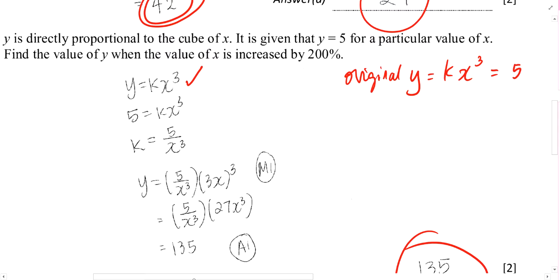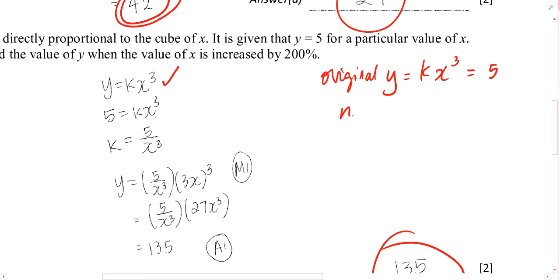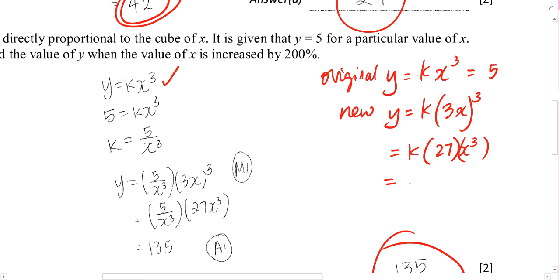Find the value of y when x is increased by 200%. Okay. Now x is increased by 200%. When you increase by 100%, how many x do you get? 2x. When you increase by 200%, how many x do you get? 3x. And I still need to cube it. So the new y equals k times 27x cubed, which is 27 times kx cubed. 27 times 5, 135.